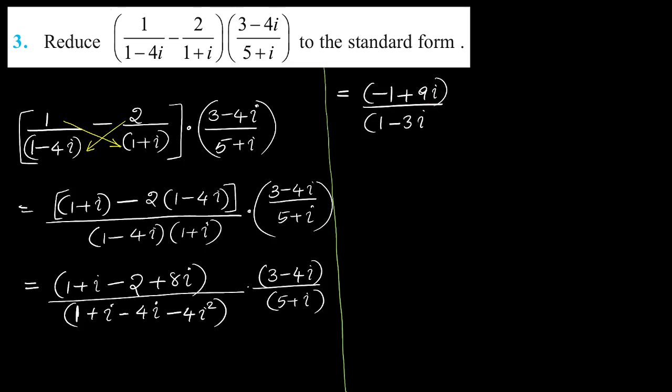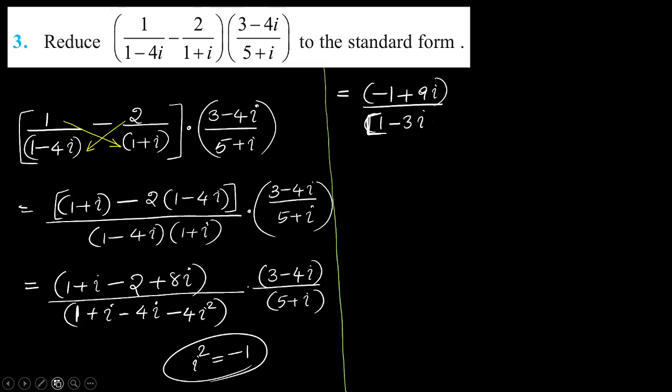I am writing all the steps. I am not skipping any step. Now, what about minus 4i square? In the previous class, I explained this: i square is minus 1.